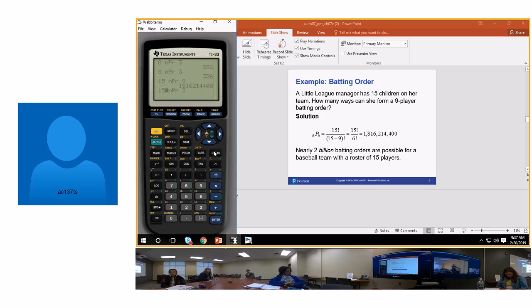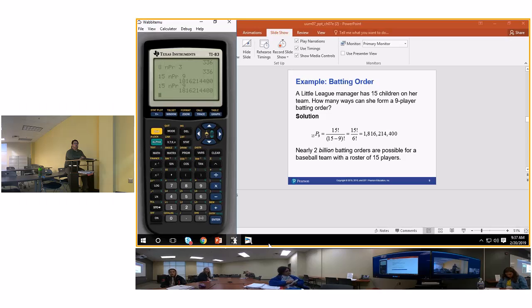And then I arrow over and hit 9. Or you could just do it 15 NPR 9, however you want to do it. So there's over a billion different orders that she could do there.